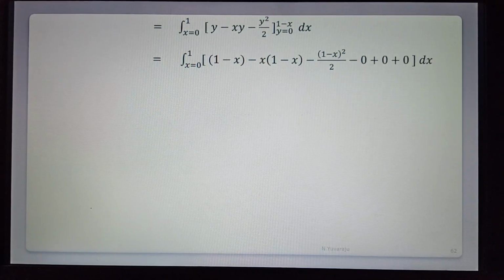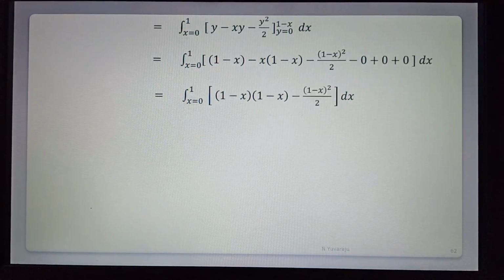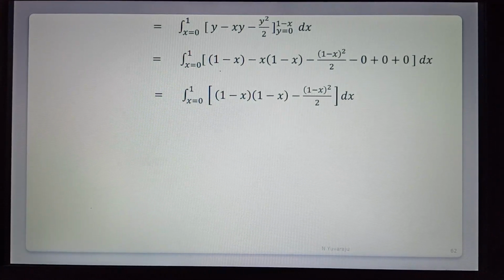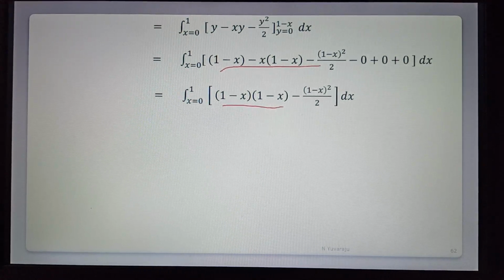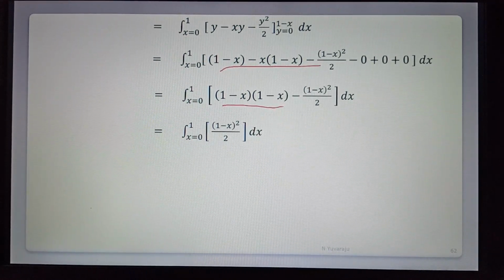Now simplifying, 1 minus x is common, leaving 1 minus x minus (1 minus x) by 2. So that is (1 minus x) whole square minus (1 minus x) whole square by 2, that is 1/2 into (1 minus x) whole square.